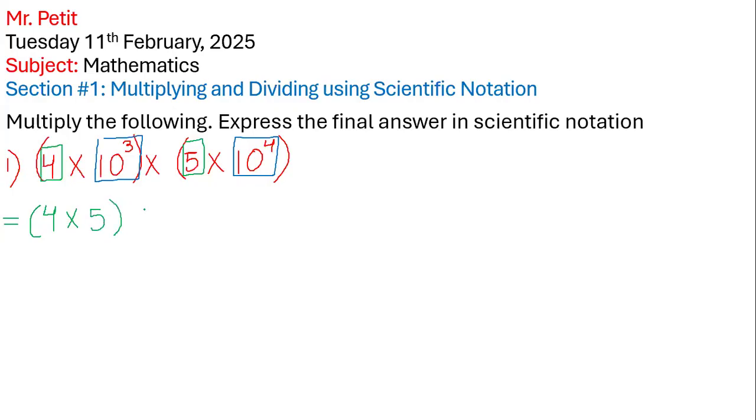Multiplied by 10 raised to the power of 3, multiplied by 10 to the power of 4. Very good. All right. So that's the first step.